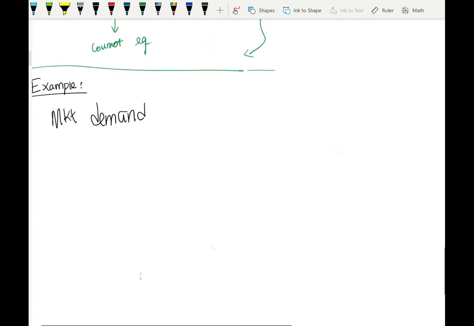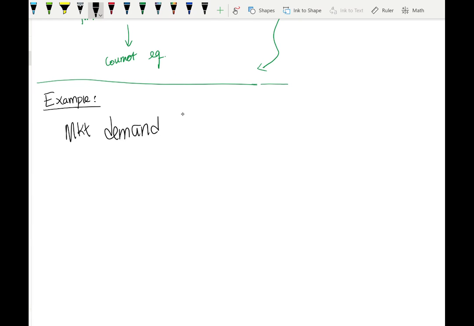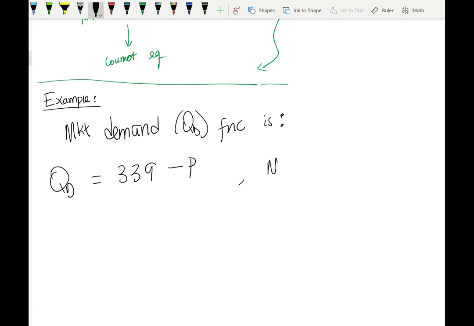In this example, the market demand, QD, is QD equals 339 minus P. And the marginal cost in this market is flat at $147. This is also equal to the average cost in this market. Remember our assumption that this marginal cost function is the same for both American Airlines and United Airways.